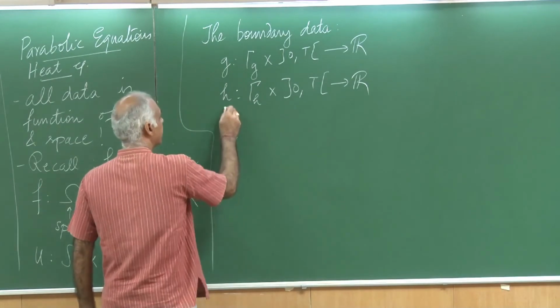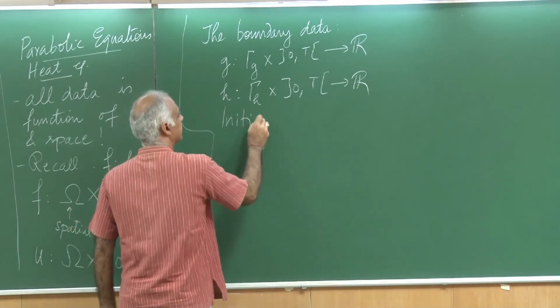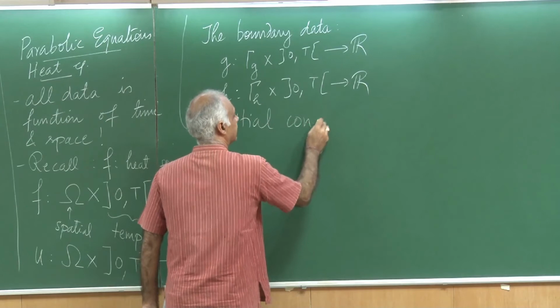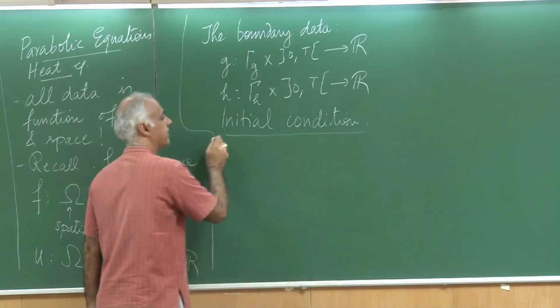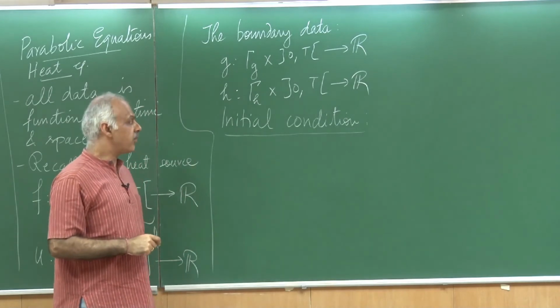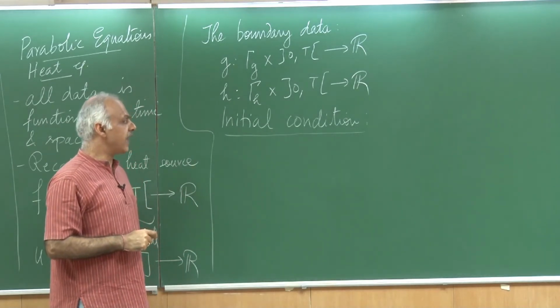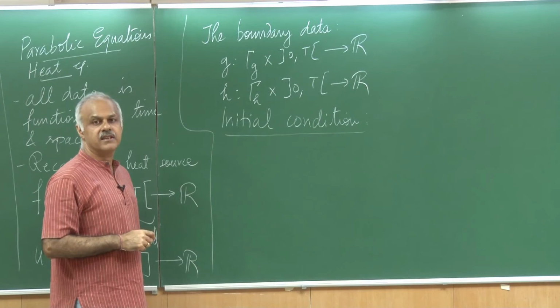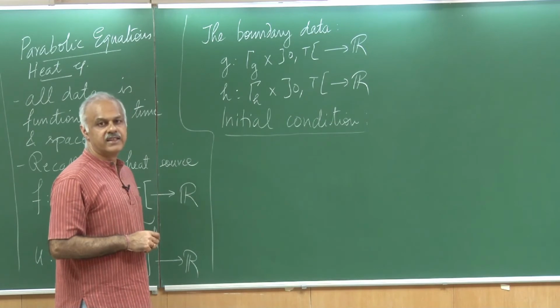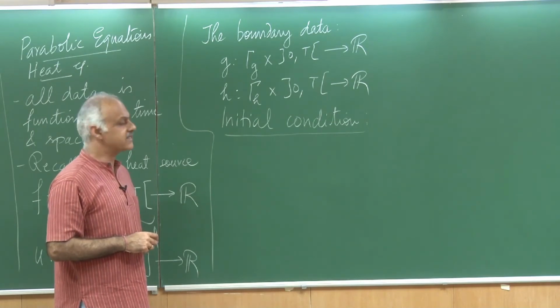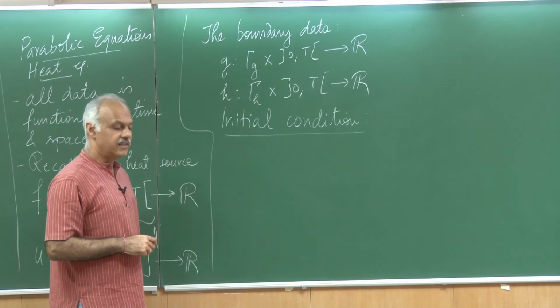We will also now need an initial condition, because now we are going to have a time dependent description. So, in the context of a heat conduction problem, we need to know that at t equal to 0, what exactly is the temperature everywhere.